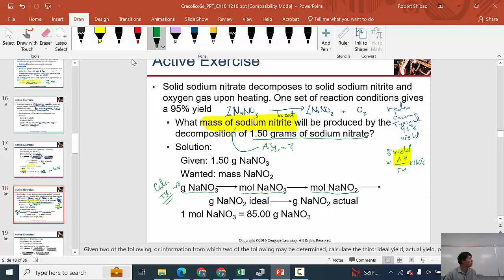It's a 2-to-2, or 1-to-1, ratio. Then convert that into grams of sodium nitrite. I'm just going to call it the theoretical yield. That's how much we should form. Then we're going to do one more calculation to get the grams of sodium nitrite actual yield over here.